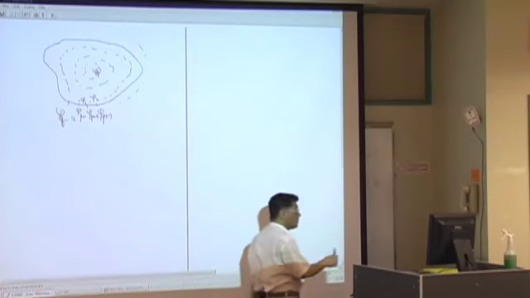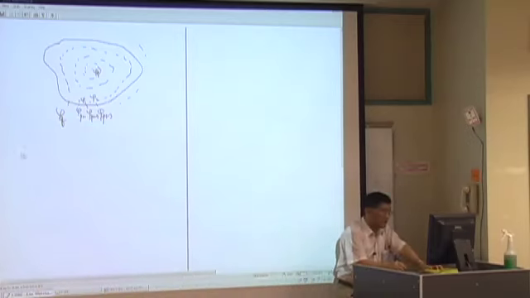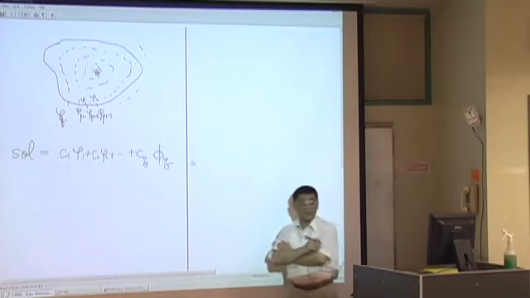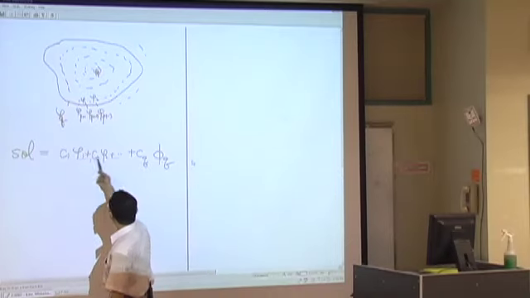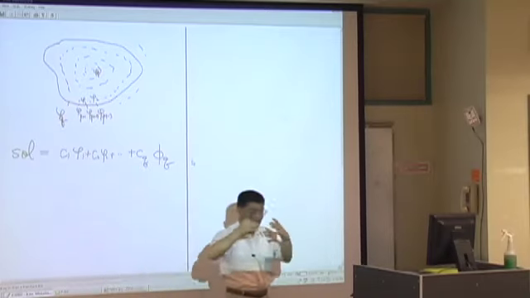Then the solution should look like this: C1 phi1, C2 phi2, up to Cq phi q. And determination of these C1, C2 is the crux of this method.